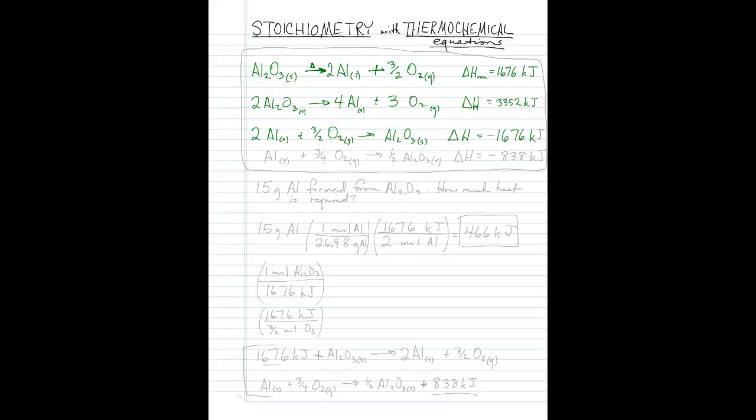So if it costs us energy to break up the bonds, which is pretty normal, it always costs you energy to break bonds, and you get energy when you form bonds. So then it would be the opposite. We're getting energy out, so it's negative. Exothermic is negative energy. Endothermic, we're having to put energy into it, we have to show how much. It's positive.